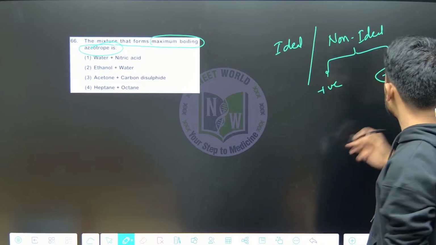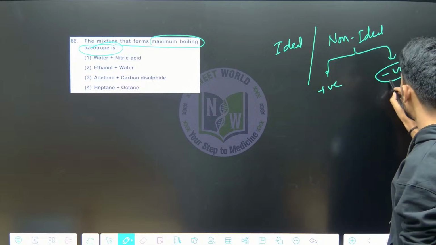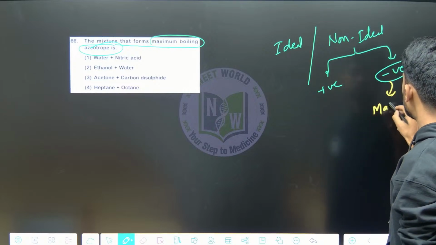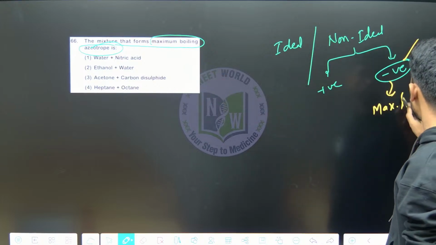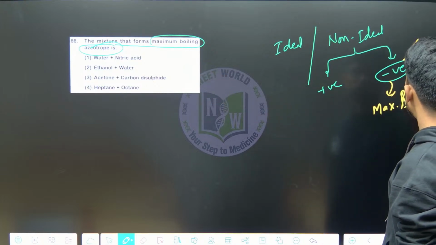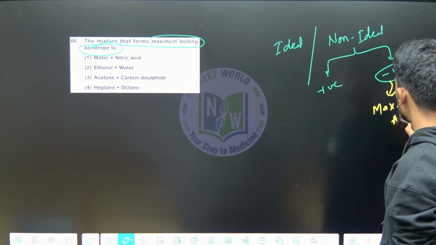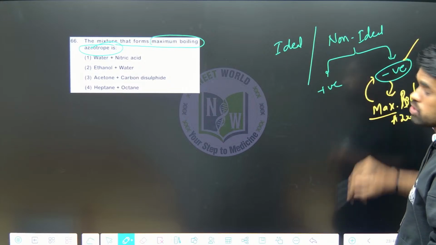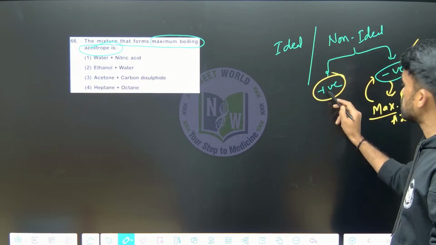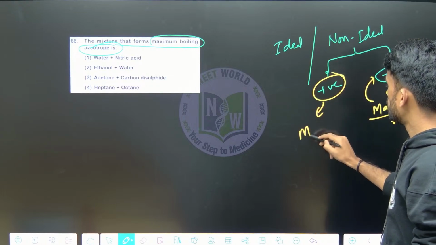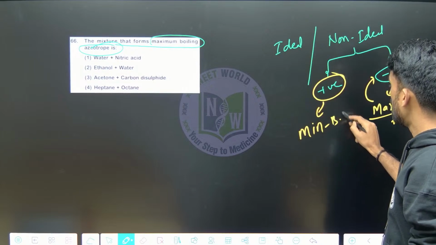Those solutions which show negative deviation form maximum boiling azeotropic mixtures. Maximum boiling azeotropes are shown by non-ideal solutions with negative deviation. Positive deviation forms minimum boiling azeotropes.